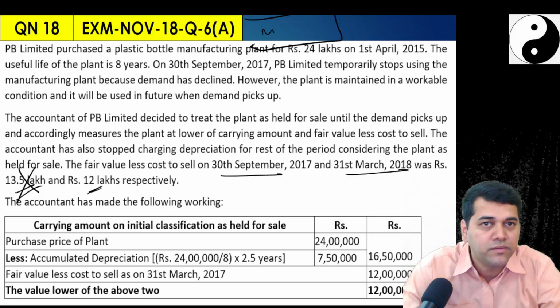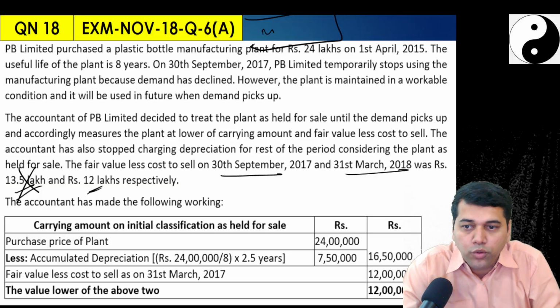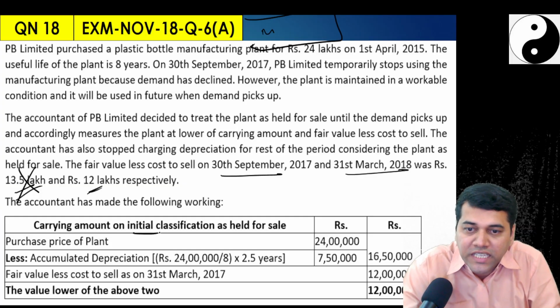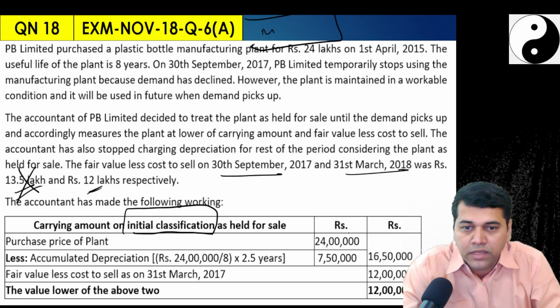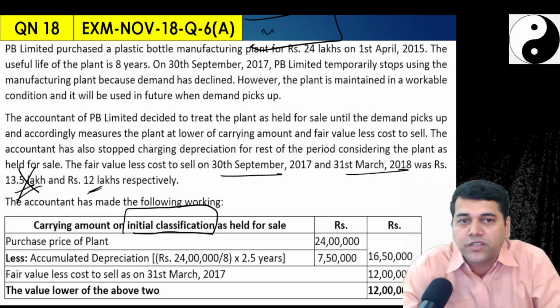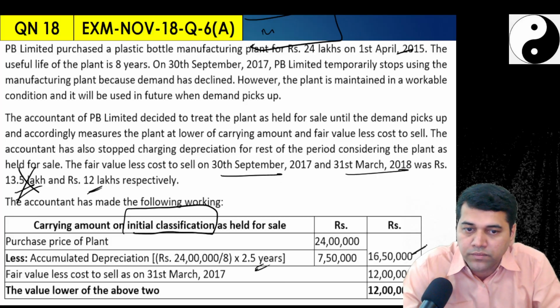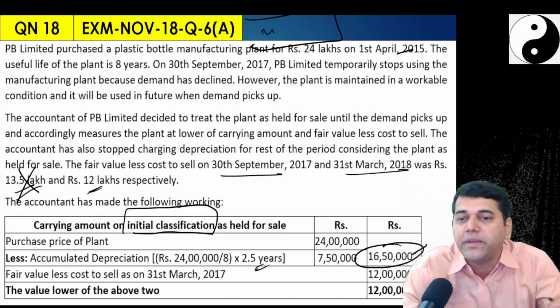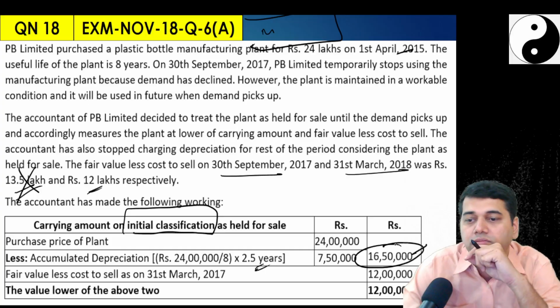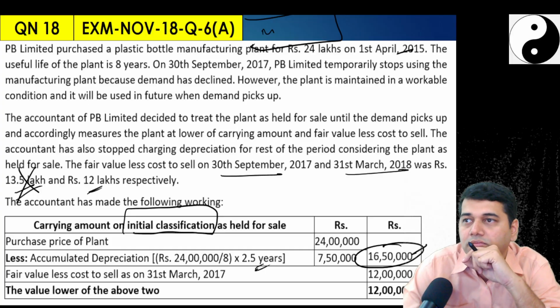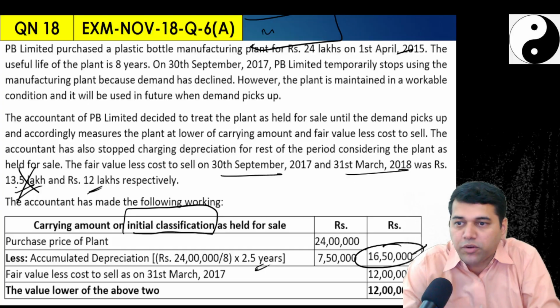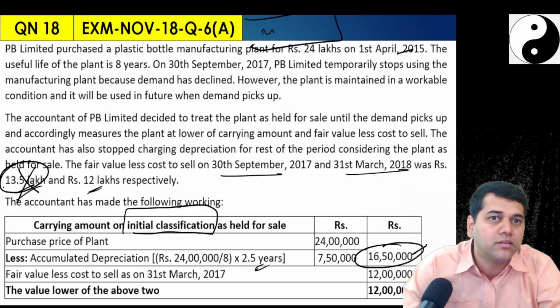Have you observed here? If you are computing the current carrying amount on initial classification, how many years are over? 1st April 2015, 16, 17, and a half, 2.5 years over. 16.5 should have been compared with which fair value? 13.5. This is what they have done in the study material.